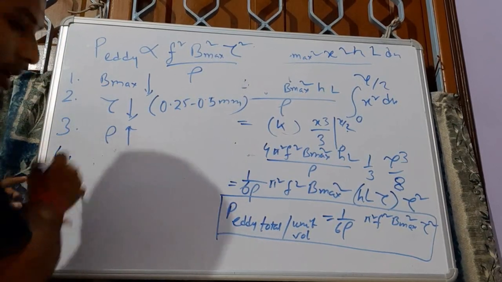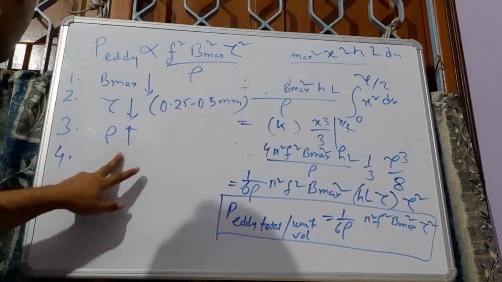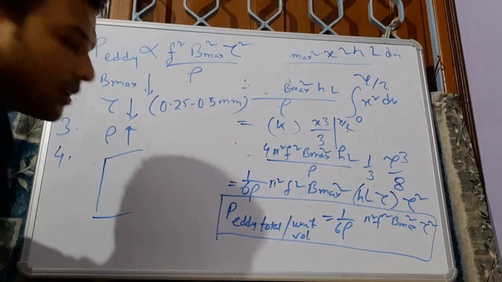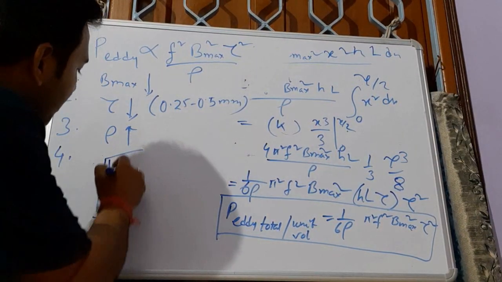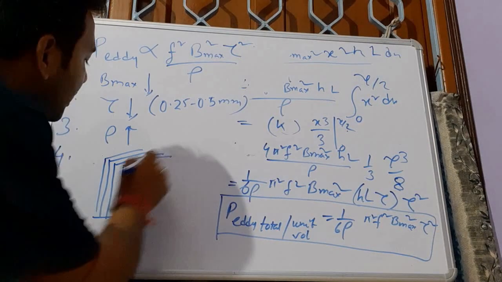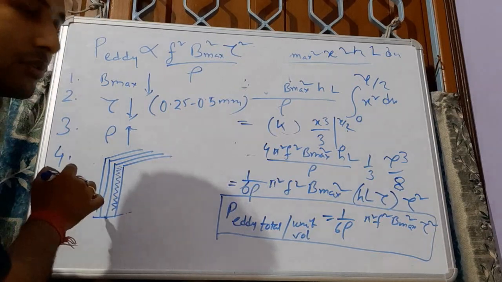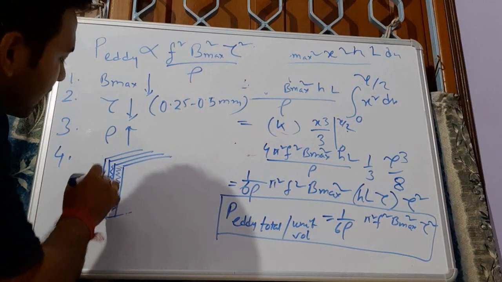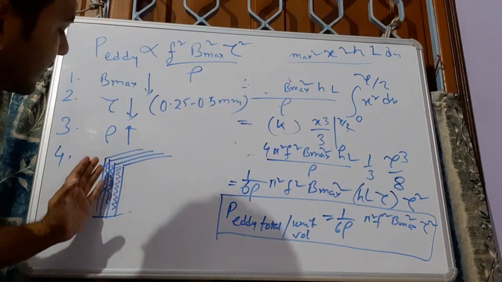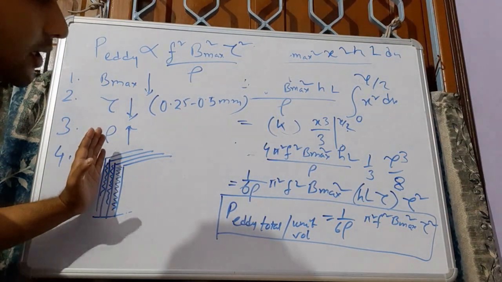Now the fourth point is laminated core, because we are using a thin plate like this. This is a thin plate. Now we have to use multiple thin plates and join them together with some insulation between them, varnish insulation. By this we will get an insulative path between the various plates.